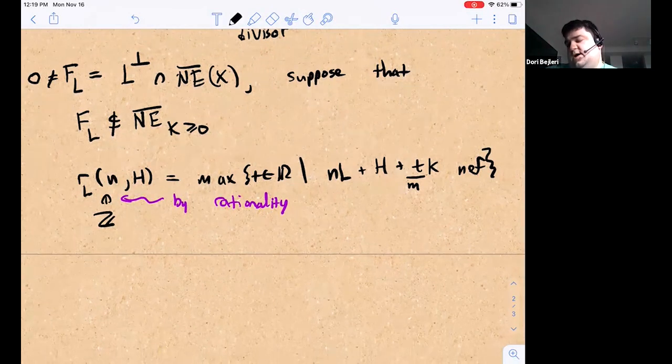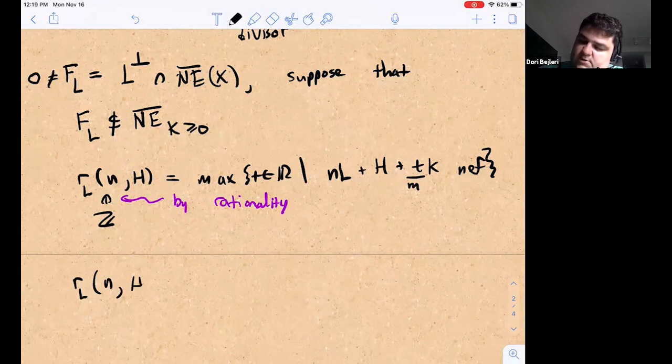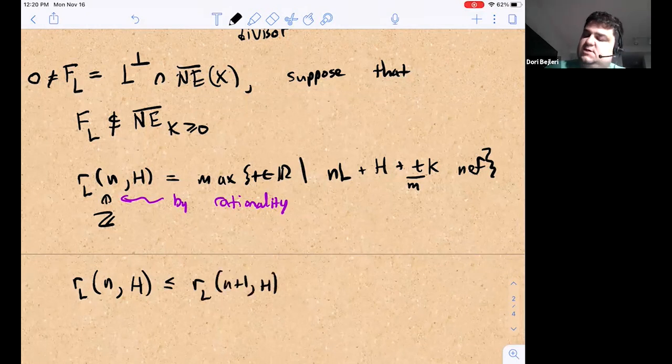So as we increase n, the point is that R_L(n, H) is less than or equal to R_L(n+1, H), because L itself is nef. So if we add more copies of L, we're not making any new curves negative. We might be making new curves non-negative because maybe there's some more positivity we're adding, but we're not making anything more negative by adding L. So this threshold just gets bigger as we raise n.